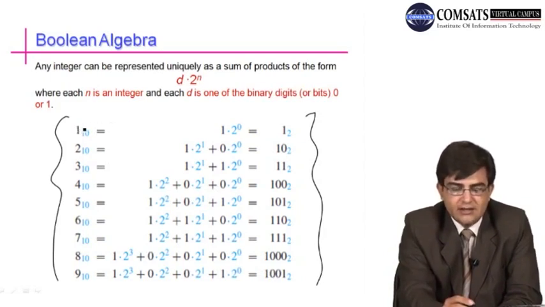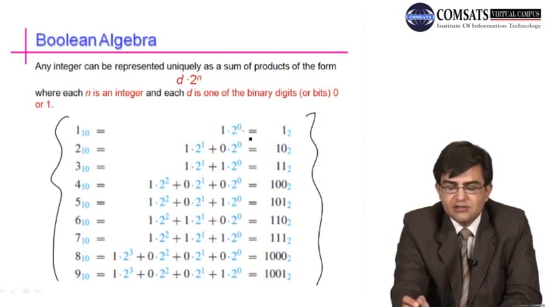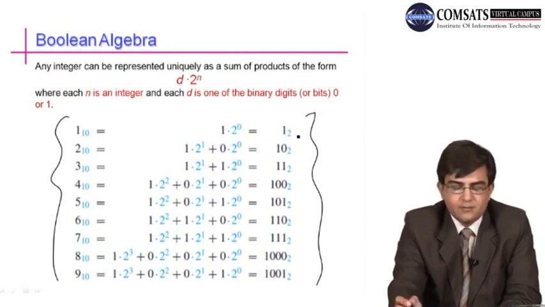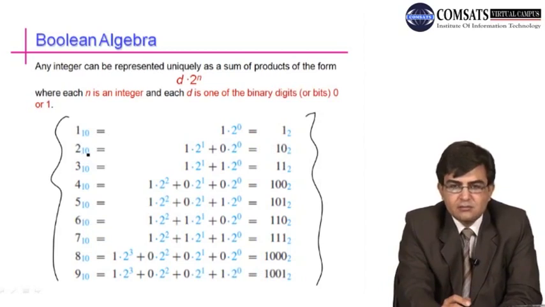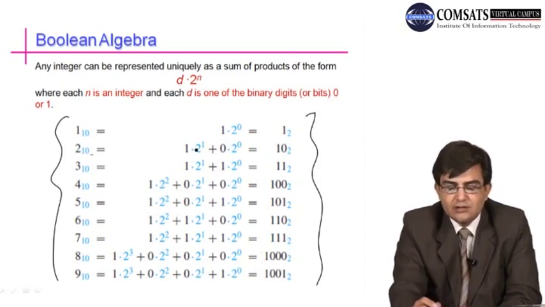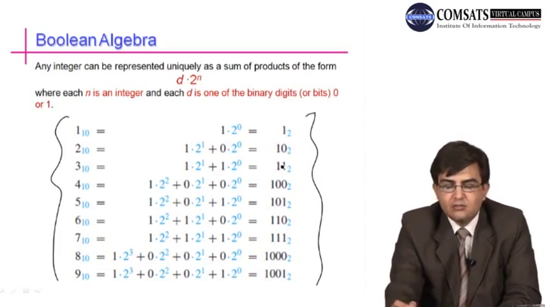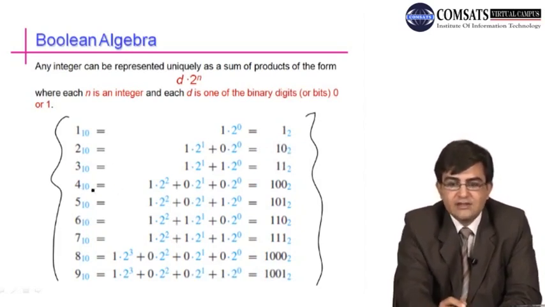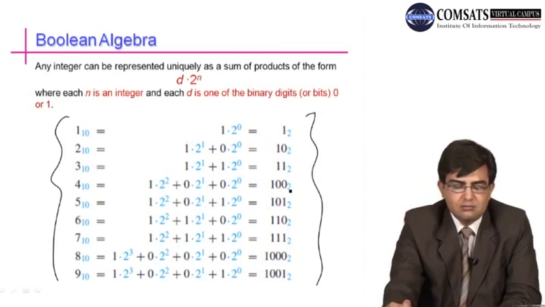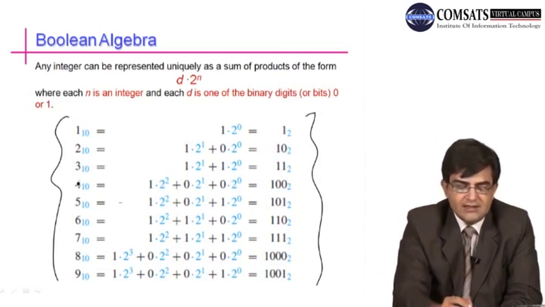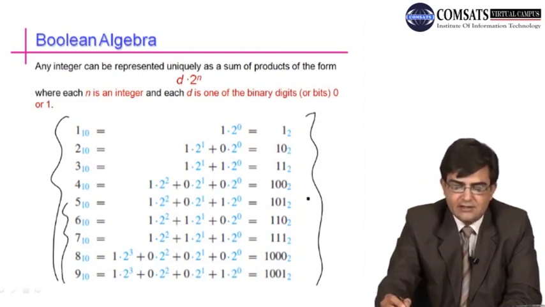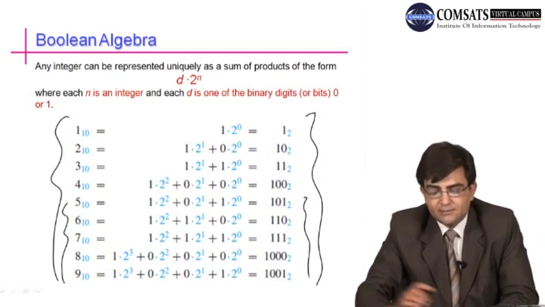We write it here as 1 base 10. This is 1 into 2 power 0. This is 1 base 2. 2 base 10 is equivalent to 1 into 2 power 1 plus 0 into 2 power 0, which is 1, 0. Similarly 3 base 10 is equivalent to 1, 1 base 2. 4 base 10 is 1, 0, 0 base 2, and similarly you can see the other integers. The binary representation is given here.